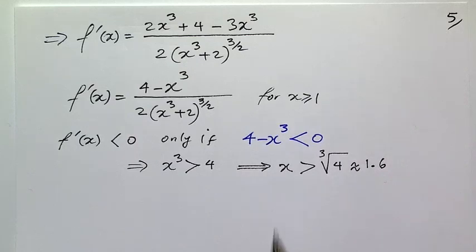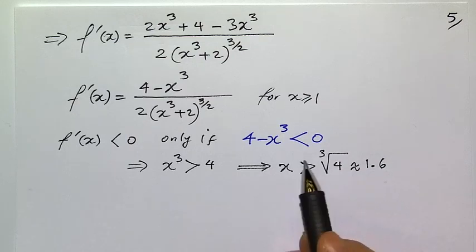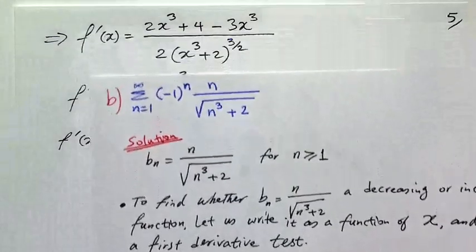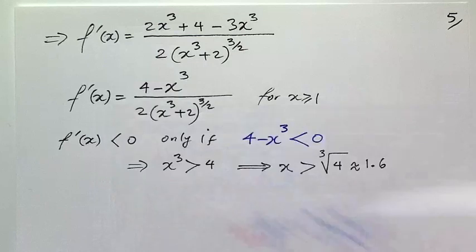Okay, so given the fact that x is mimicking n, and n is just positive integers starting from 1, 2, 3, and so on, we can establish that for n values that are 2 and larger, because we can't have 1.6 for n.